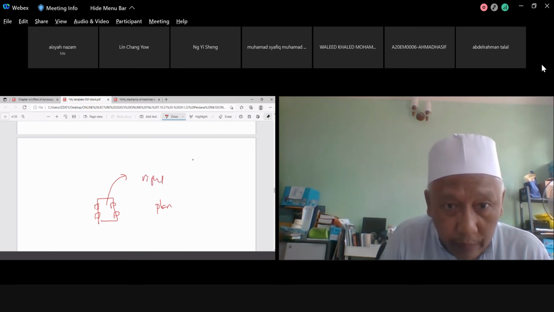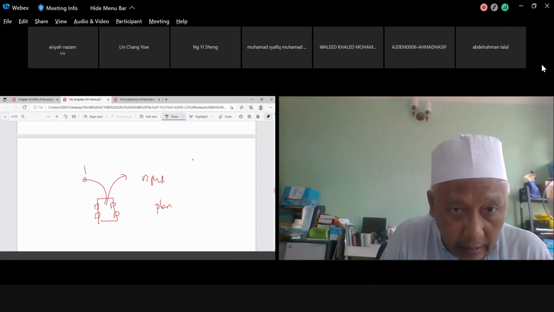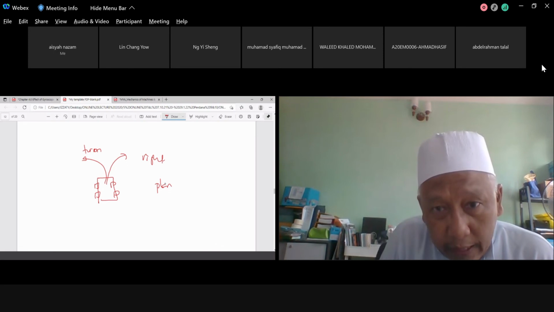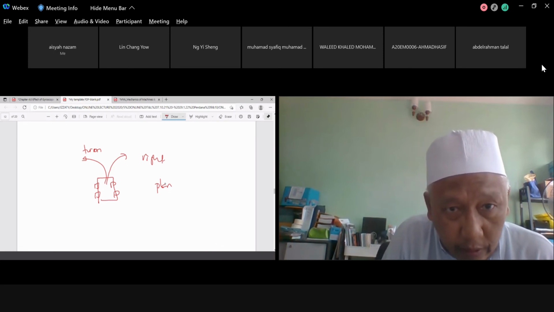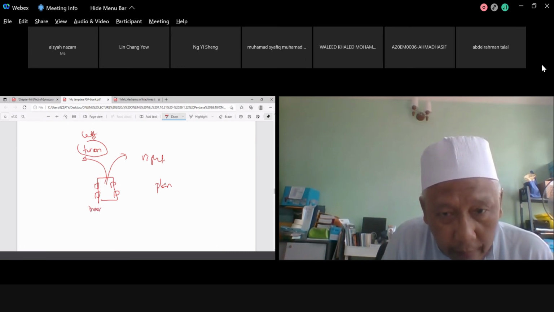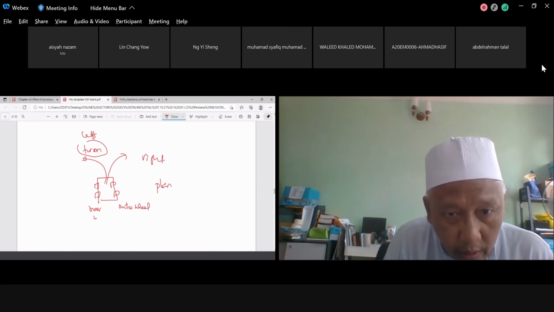This one we have a left turn, isn't it? So when we turn left, for example, this one becomes the inner wheel and this one becomes the outer wheel. You have to understand this: inner wheel, outer wheel for both.